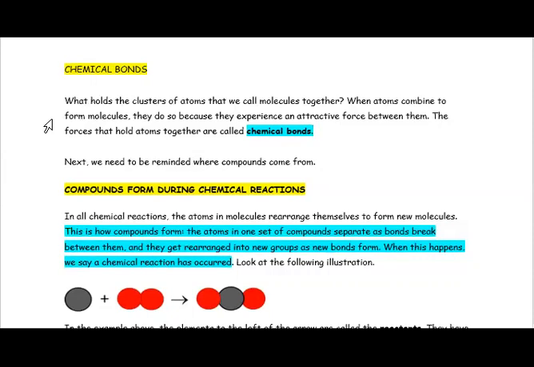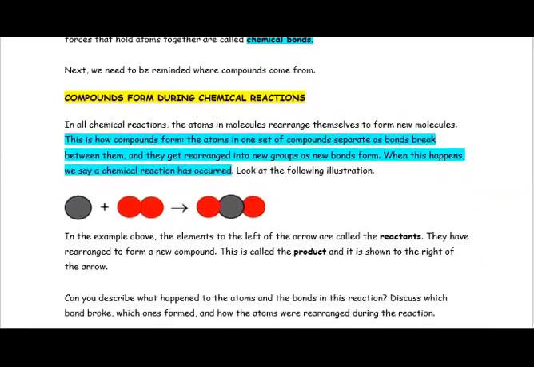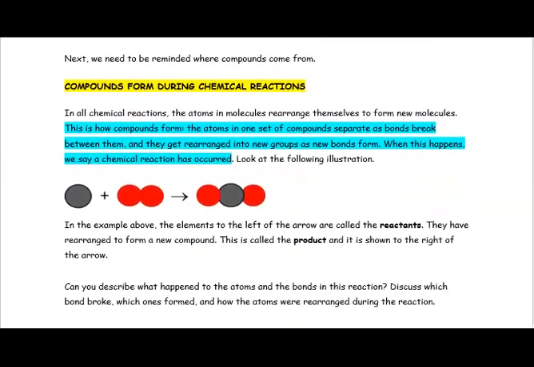When atoms combine to form molecules, they do so because they experience an attractive force between them. The forces that hold atoms together are called chemical bonds. We cannot break these chemical bonds through physical means, like breaking them with our hands or boiling them, etc.